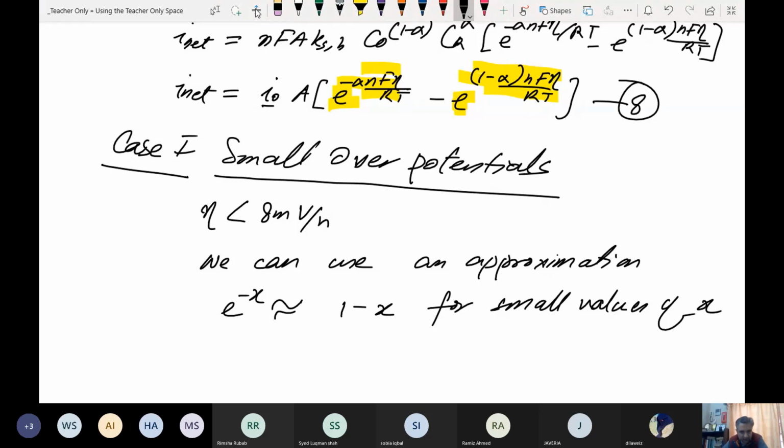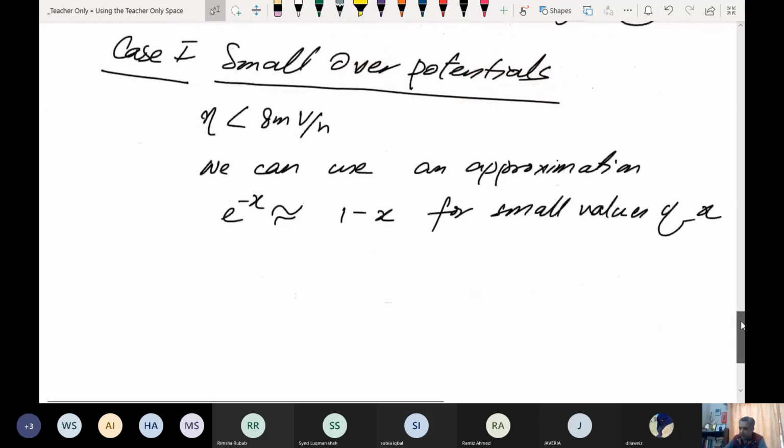The only thing which is varying will be eta. So if you have this eta smaller than 8 millivolts, then you are looking at small values of x, and you can approximate it as 1 minus x.